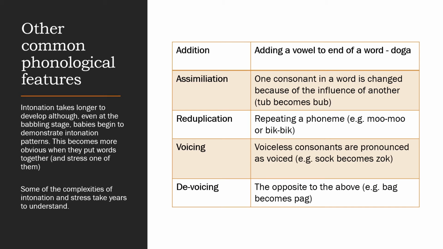Also asking the babies questions and using intonation at the end of the questions, which is very common. We often do that. It's a sign that we're asking a question. So the children will have had that in their environment from a very early age.